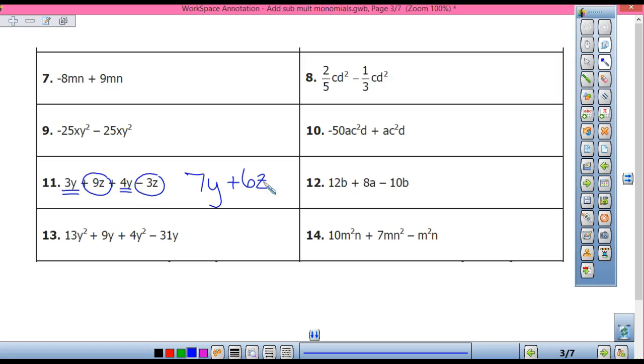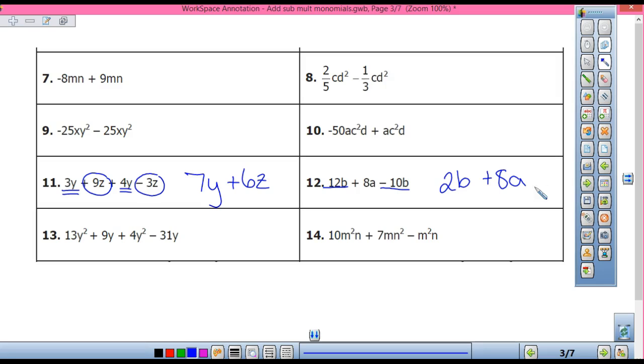Okay, how about 12? What can I combine? 12b and negative 10b. Then I get 2b. And then what goes along with it? Plus 8a, yep. Could I write this as 8a plus 2b?